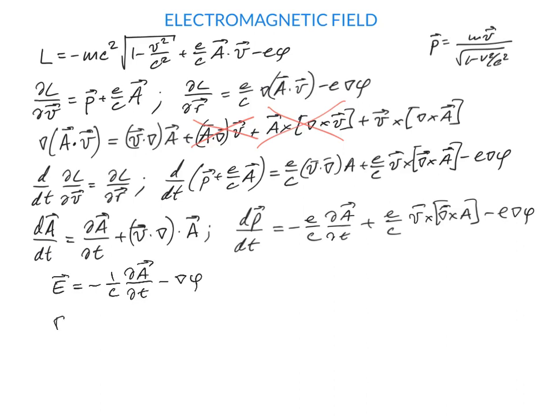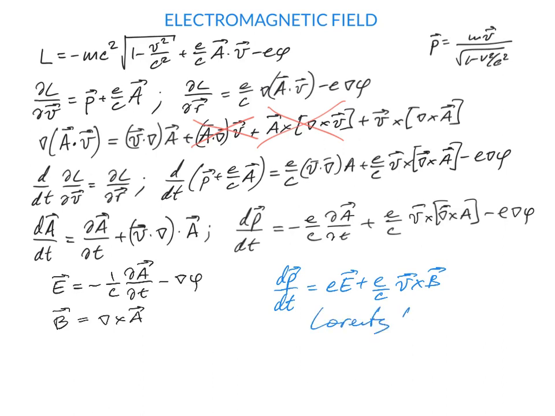And then we have the magnetic field, which is curl of A, so that dp by dt, which is the force acting on the particle, is given by e times E plus e over c v cross B. This is the Lorentz force, the conventional Lorentz force from electrodynamics.